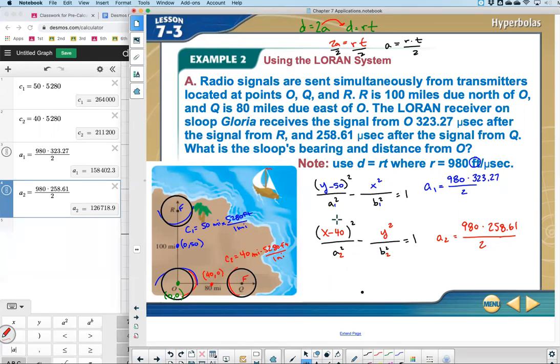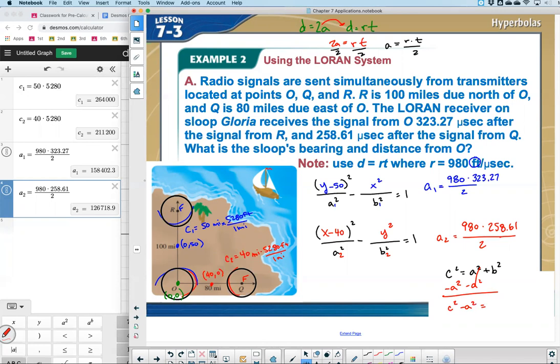Now, the last variable I need to solve for is our B's. Remember that they follow the ABC relationship, and the formula from earlier was that C squared equals A squared plus B squared on a hyperbola. Since I'm trying to solve for B, the first thing I'll do for both of these formulas is subtract A squared, which means C squared minus A squared will equal B squared.